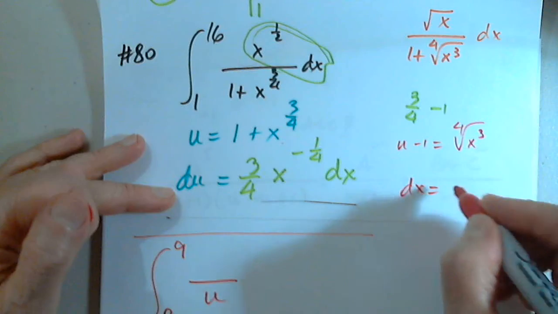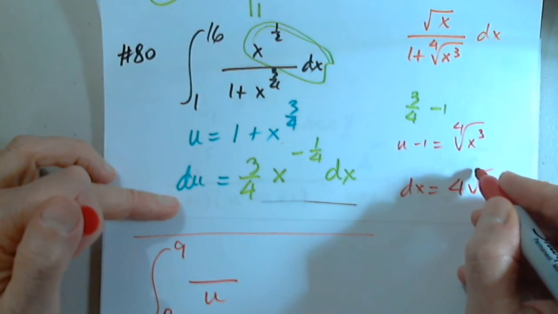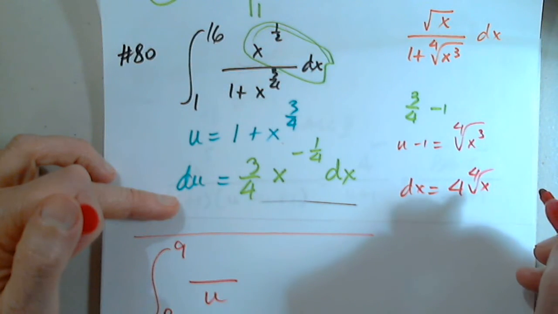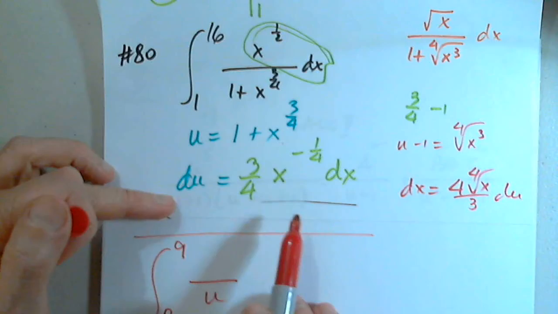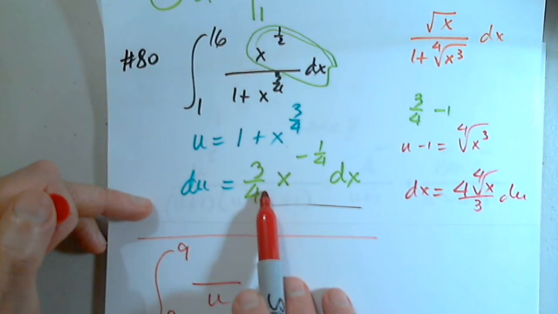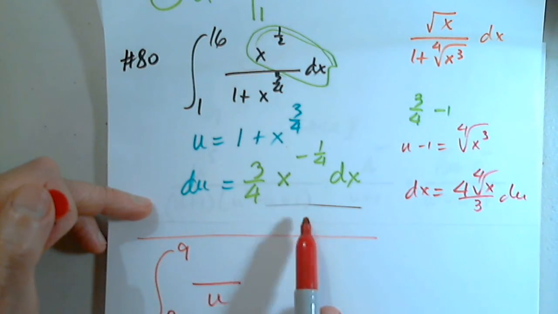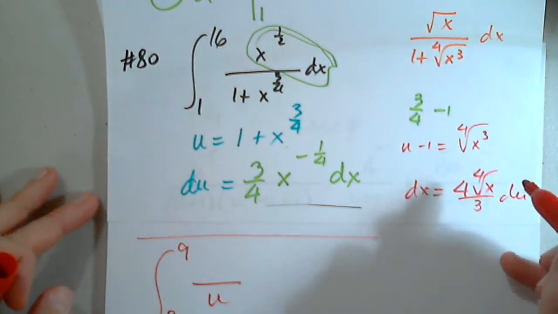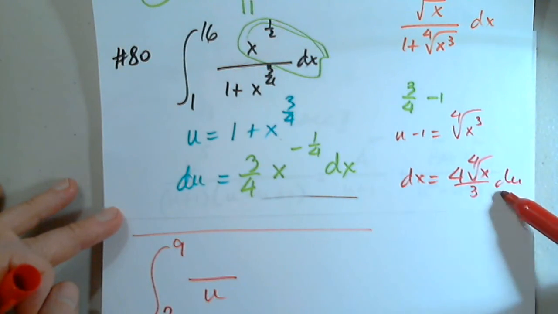So dx is 4, the fourth root of x divided by 3 du. So what I did, I multiply both sides by 4 and I divide by 3. The fourth root is in the denominator, so it goes 4. Yes. So that will be dx.